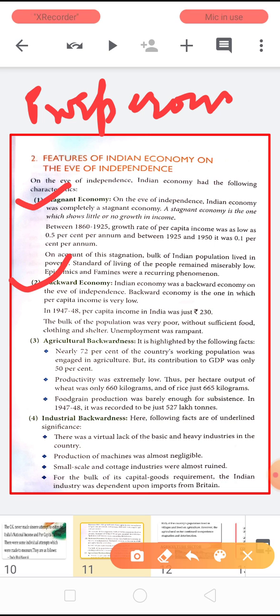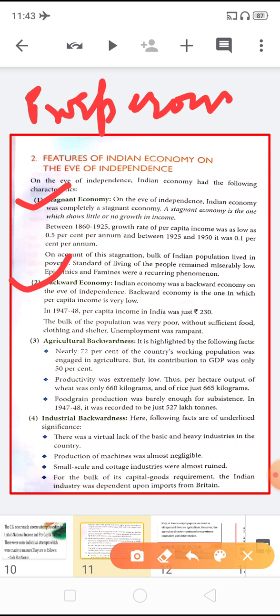Children, the Indian economy was considered a backward economy on the eve of independence, and a backward economy is one in which per capita income is very low. In the year 1947-48, when India got freedom, the per capita income in India was just rupees 230.